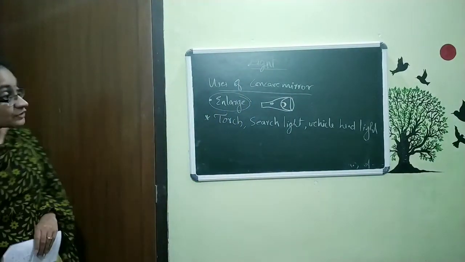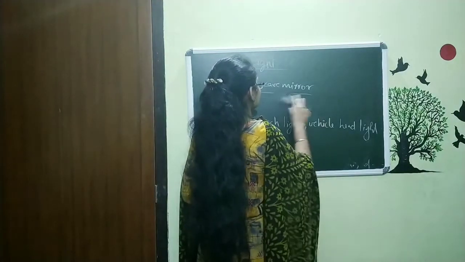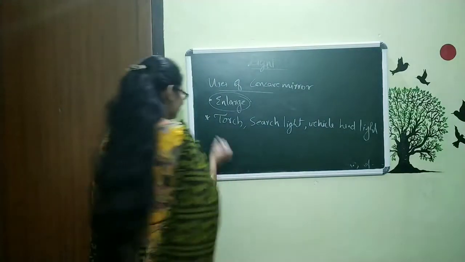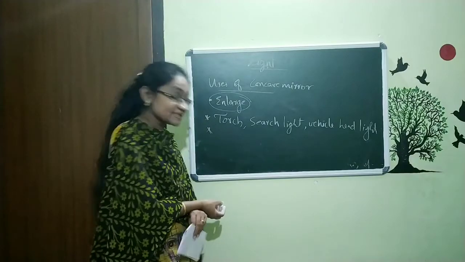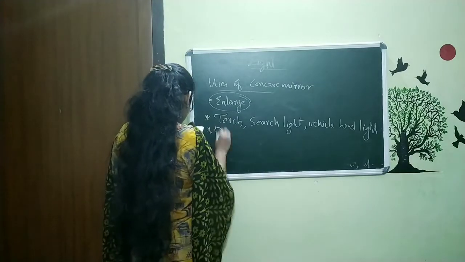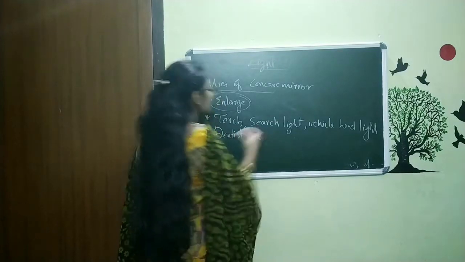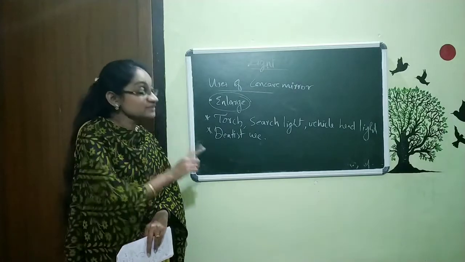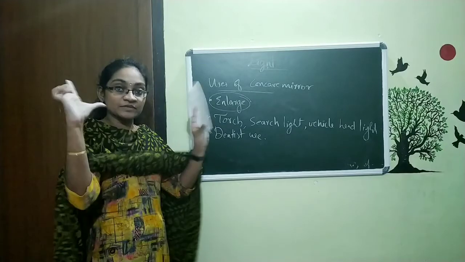And next we are using this concave mirror in hospitals. In which hospital are we using this? For the dentist. Dentists use this concave mirror for what? They are using this concave mirror to see the teeth and all in big size.